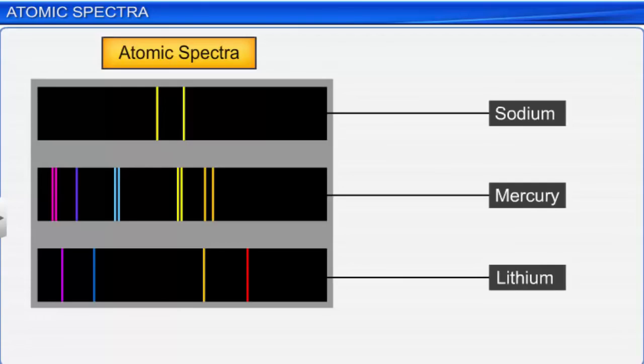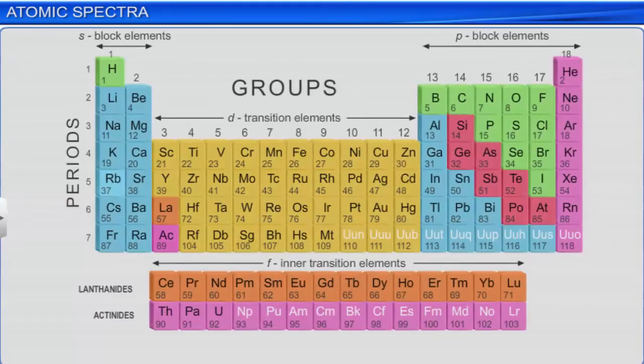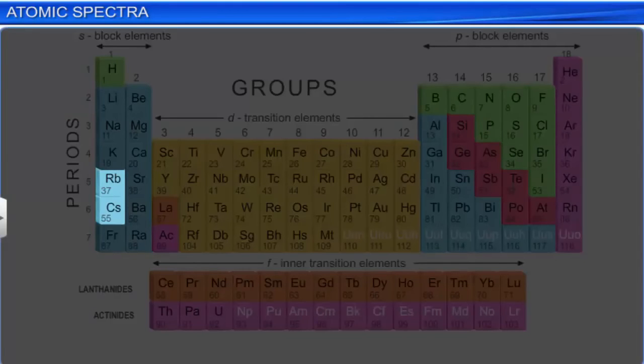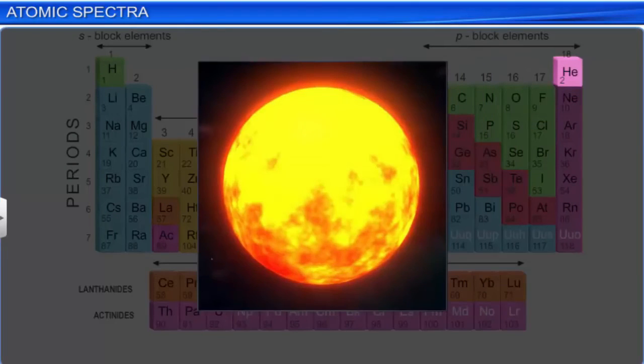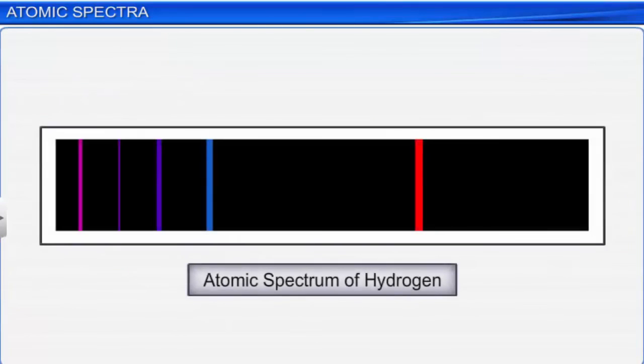German chemist Robert Bunsen was one of the first investigators who used atomic spectra to identify elements like rubidium, cesium, thallium, indium, gallium and scandium, which were discovered when their minerals were analyzed by the spectroscopic method. The presence of helium was also detected in the sun by means of the spectroscopic method.